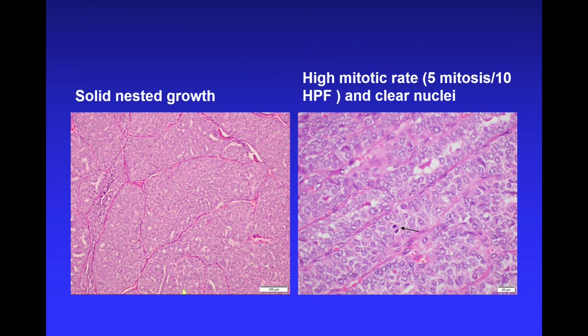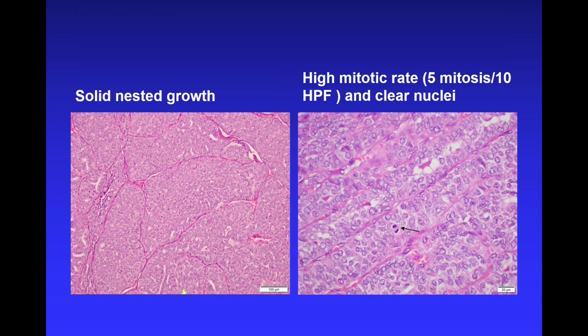But there were other areas where the tumor is growing in solid nests with, again, the nuclear features of papillary carcinoma. But here, the big difference, a detail that usually is not carefully looked for by pathologists, there's a high mitotic rate, 5 mitoses per 10 high power fields.